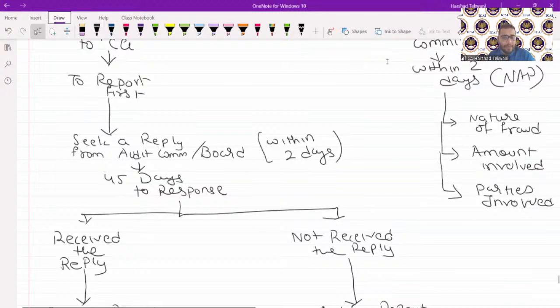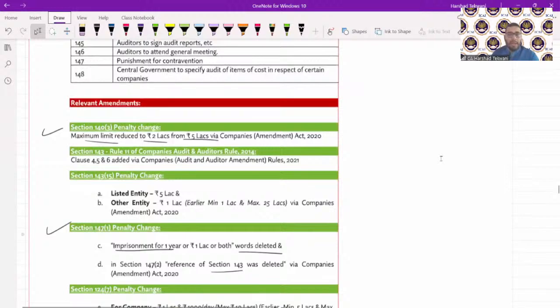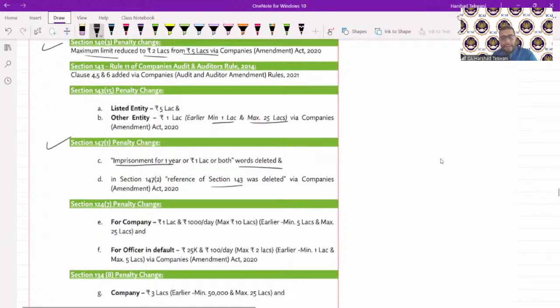Now there was an amendment in this particular case. Earlier the penalty was different, now it has been changed. Earlier, the penalty was minimum 1 lakh and maximum 25 lakh for other entities, and for listed entities it was 5 lakh only.